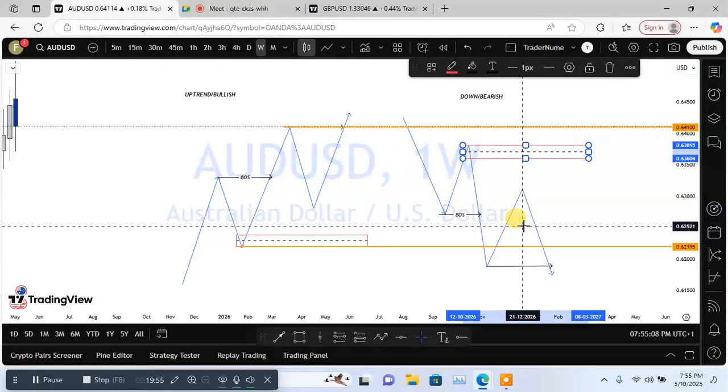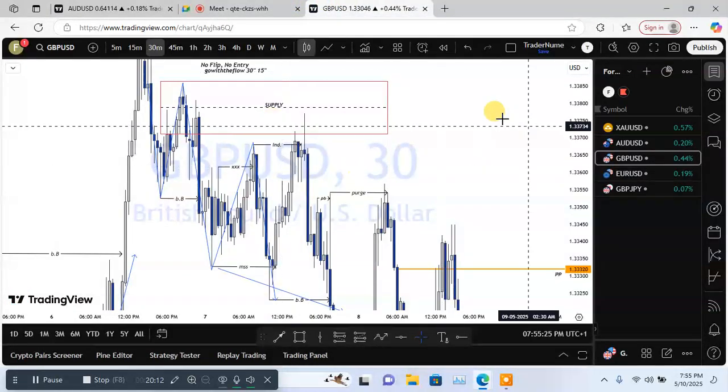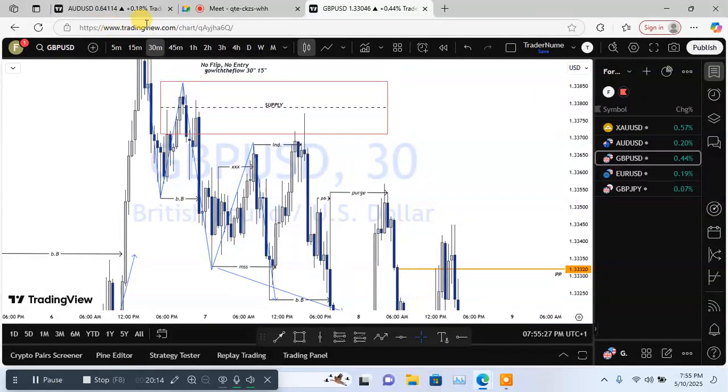Some things like supply becomes demand, demand becomes supply, inducement, fair value gap, and the rest. Because I don't want to make this video too long, and I want you to go to the chart and look for supply zone on any pair you want to choose. Go to tradingview.com.